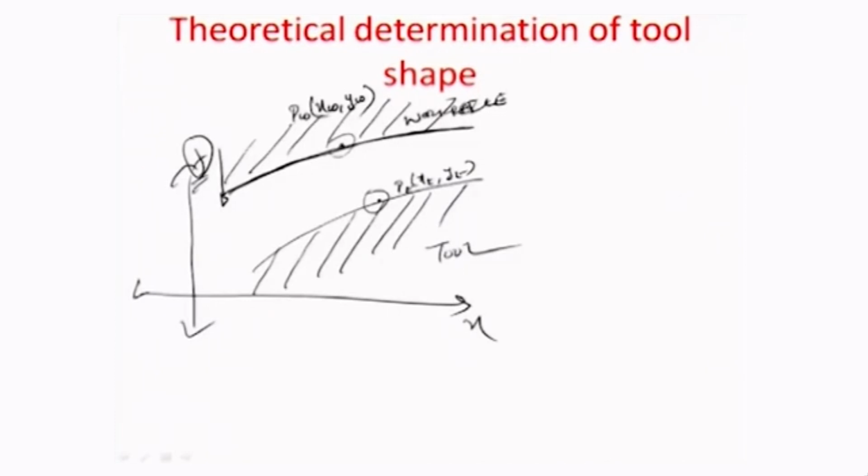So the feed, as you know, is in this direction, meaning that if we look at a tangent to this particular point, it would assume to have moved at an angle theta with respect to the direction of the feed. Okay.